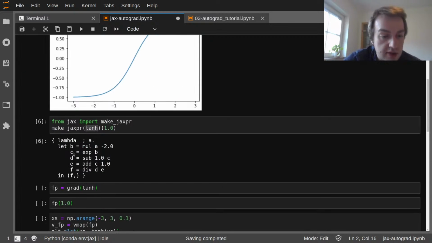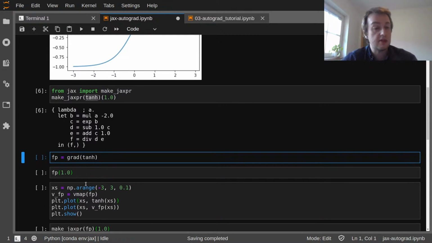And then there is a next temporary variable C, which is the result of the exponential function taking as input B, the previous temporary variable. And you go on until you arrive at a final variable F, which is in our case the output of the function. That's our target.